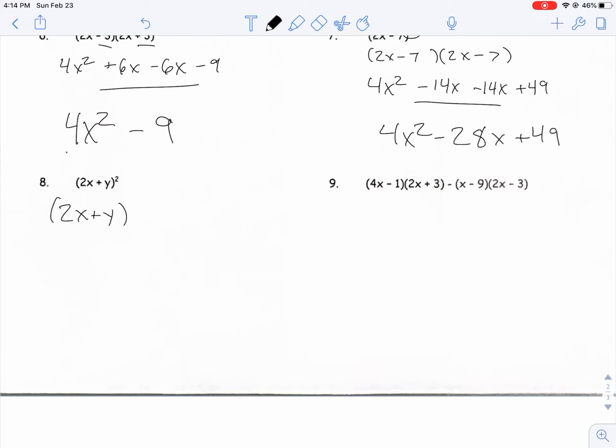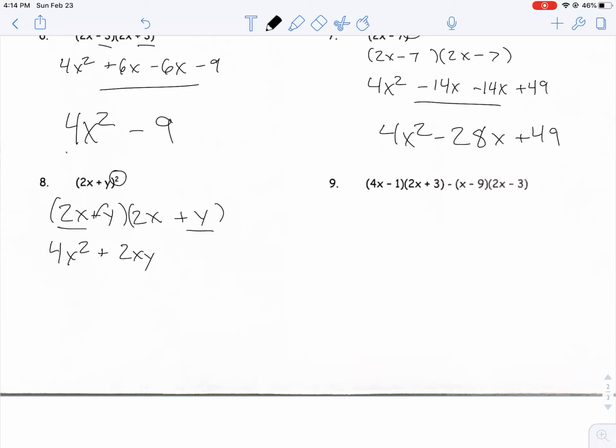2x plus y. I'm going to separate this one as well. 2x plus y. I just split it up into 2 separate parts. There's 2 of them. We know that because we have an exponent. It's squared. So that's what we'll do first. Next. So 2x times 2x is 4x squared. 2x times y, that's what I'm looking at right now, the outside terms basically. So I can't really multiply those things, so it's just going to have to stay 2xy.